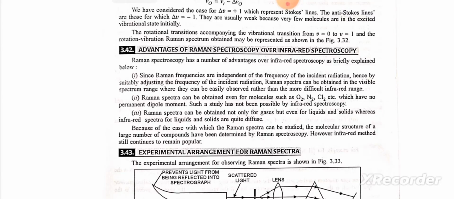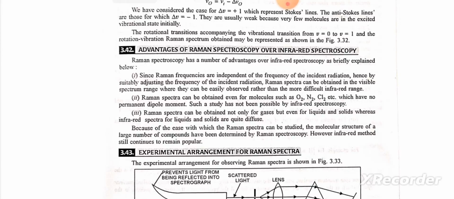Raman spectra can be obtained even for molecules such as O2, N2, Cl2, etc., which have no permanent dipole moment. Such a study has not been possible by infrared spectroscopy.